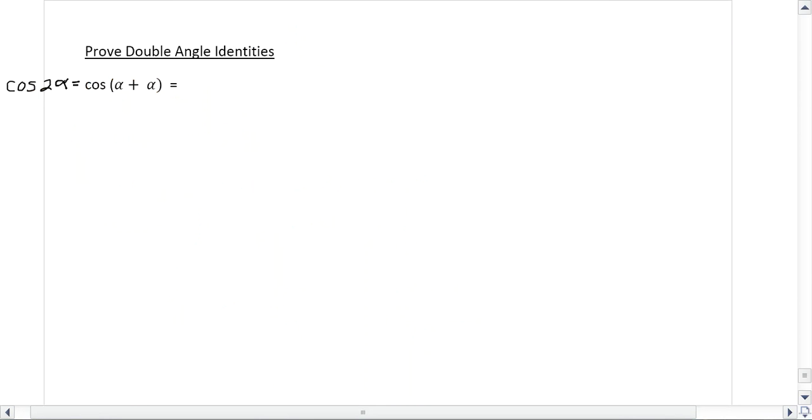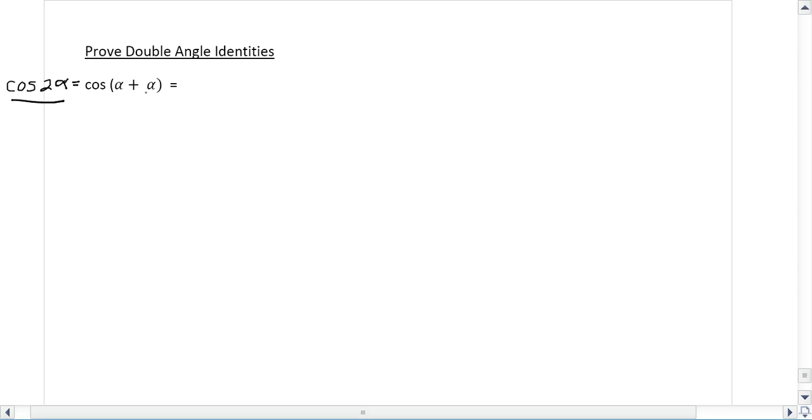All right, the last thing on our pink sheet that we need to prove at the bottom there is the double angle identities. And these are very easy compared to how we had to prove the sum and difference identities. So we're going to start with the fact that the cosine of 2 alpha equals the cosine of alpha plus alpha.